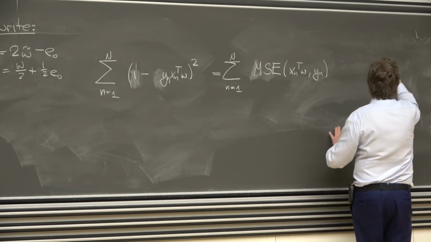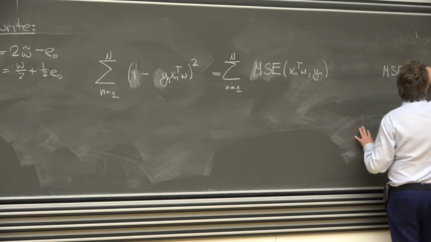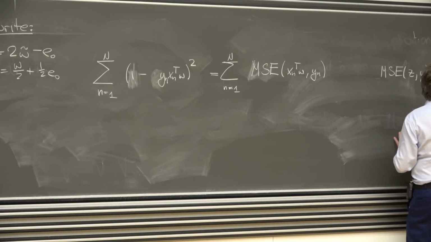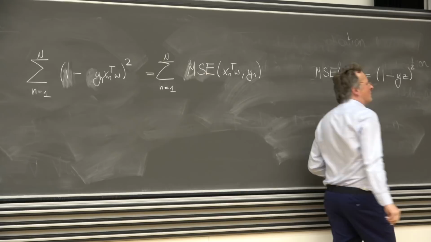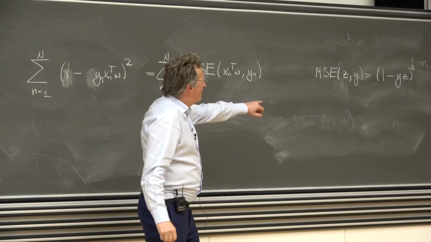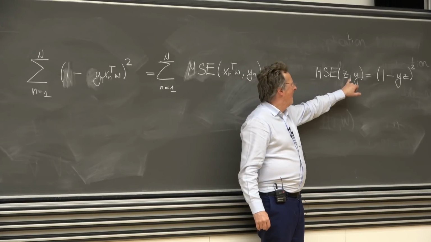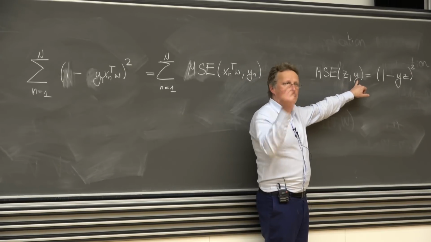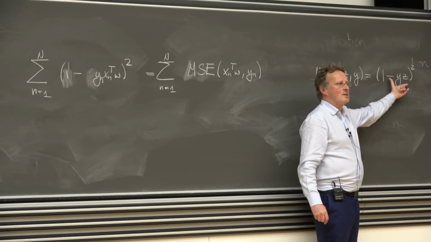And this function here, mean squared error, is a function of two things and has exactly this form 1 minus yz squared. It's just a cost function. So the cost function is this. This is basically your prediction that you're making based on the data, right? And this is the sign that says, is it plus or minus 1? And then the cost function is just this.